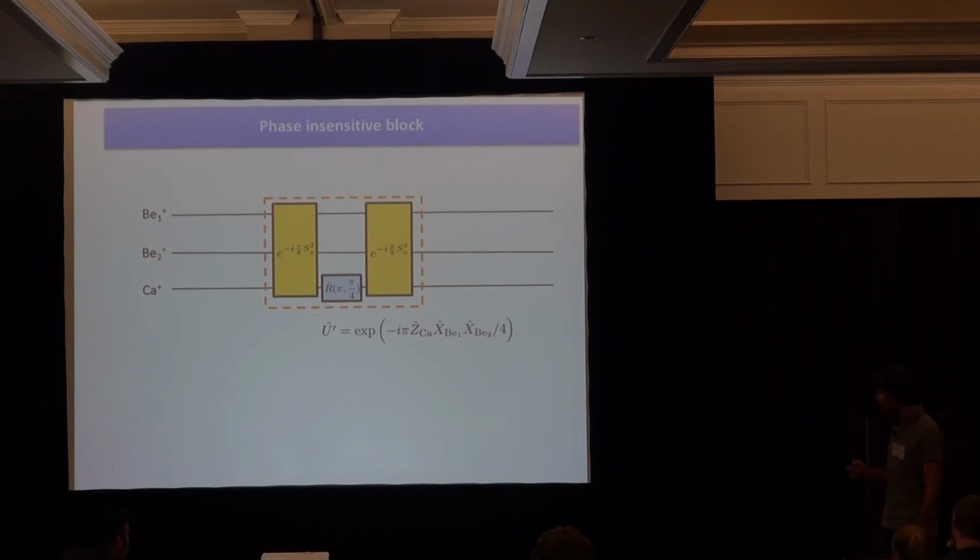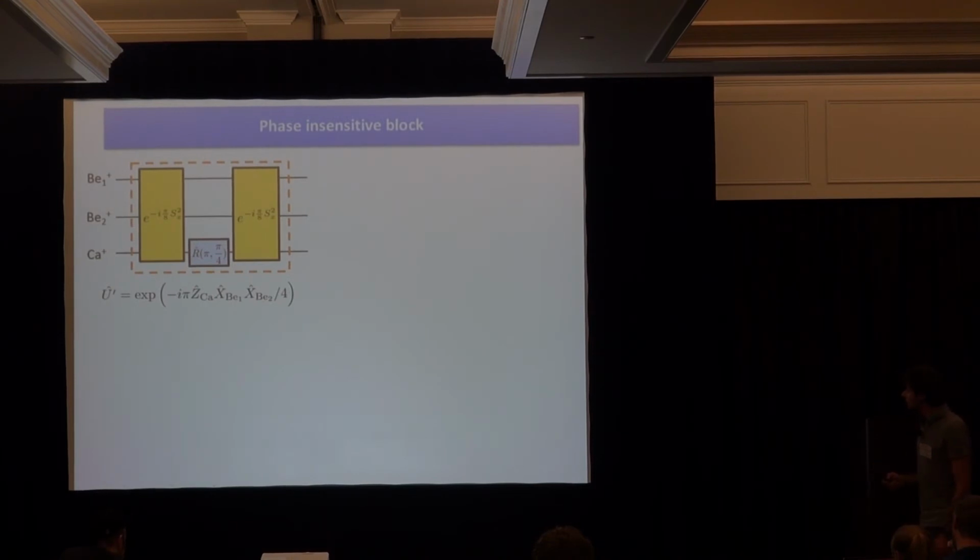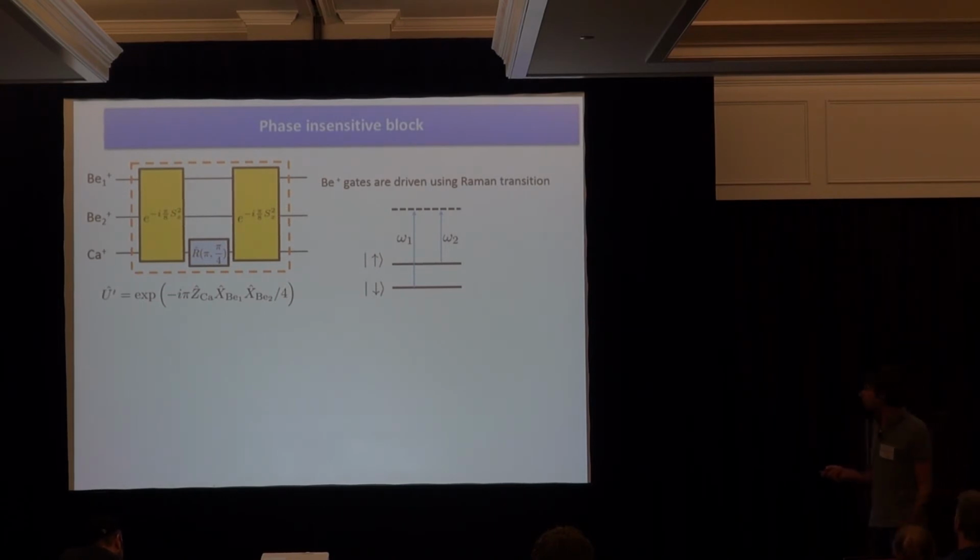The way we run gates in beryllium is very similar to ytterbium. We also have Raman transitions. We have these two Raman lasers, whose energy difference is exactly our qubit transition.